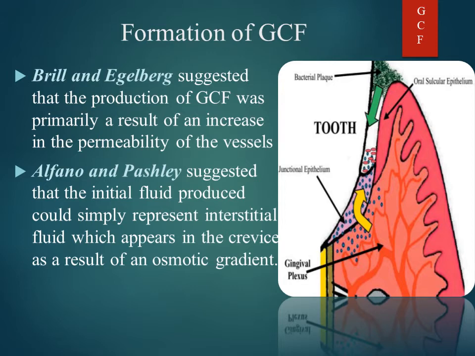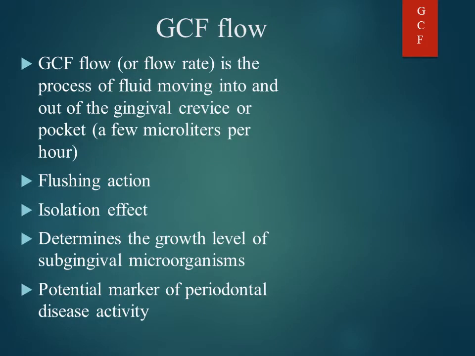So now the other theory stating that it is from the intercellular spaces, interstitial fluid. So again, it has to cross over through your junctional epithelium and then come into the gingival crevice. So we have to know about the GCF flow to assess how the GCF flows.